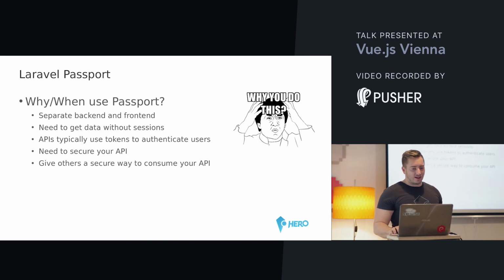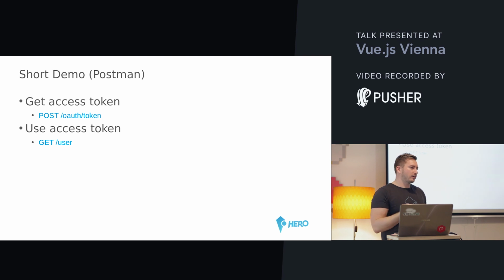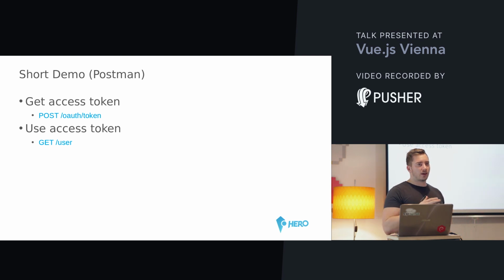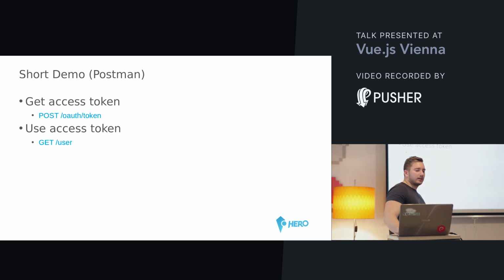Okay. What I wanted to show you was that I wanted to open Postman. I think most of you know it. It's just a simple application where you can make calls to an API, get, post, anything like that. And what I wanted to show you is that we can post now, if we have set up Laravel Passport, to the route oauth/token.